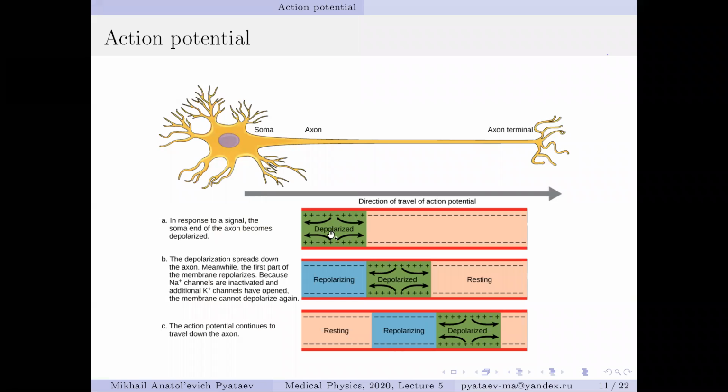It is important that during the period of repolarization, the axon becomes insensible to another polarization pulses, that's why the wave doesn't go back.